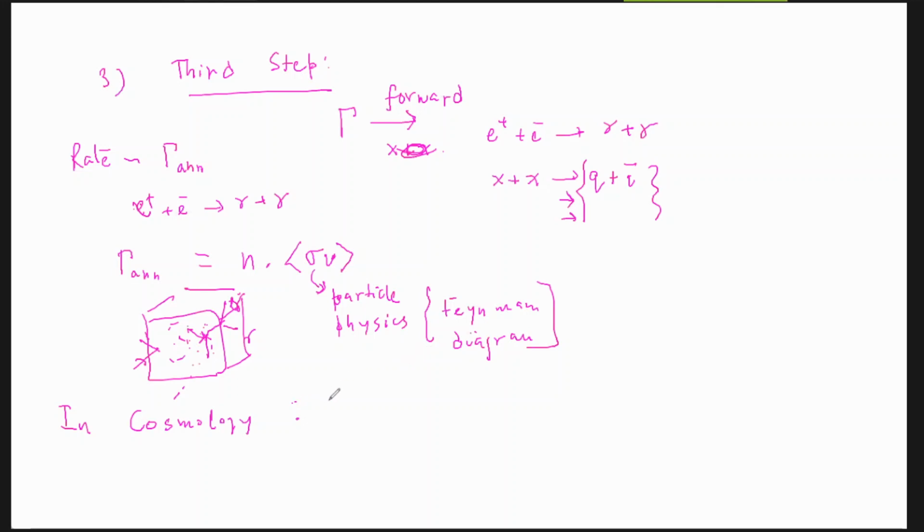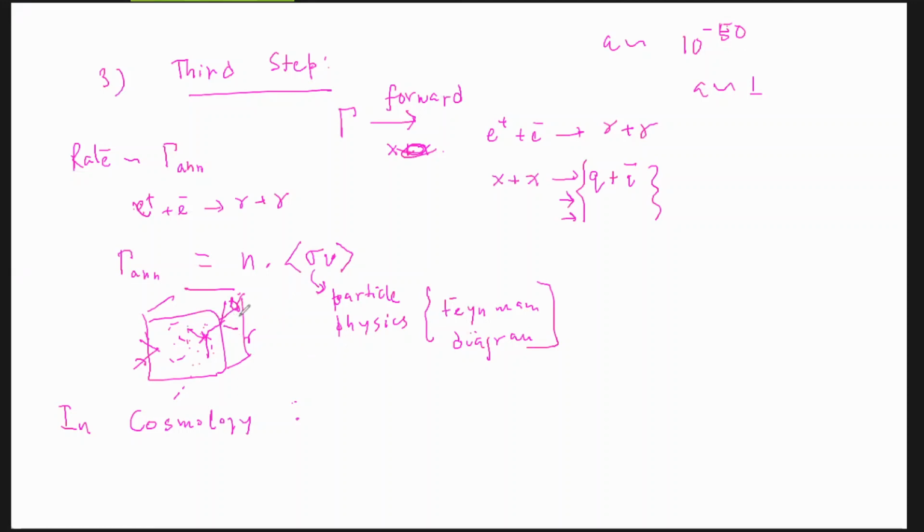If you wait for some time, the scale factor becomes double, 4 times, 8 times, 16 times. And the scale factor was very small in the early universe, 10 to the minus 40 or 50. Now the scale factor today is a equals 1. So there is a huge change in scale factor, and so a huge change in volume.